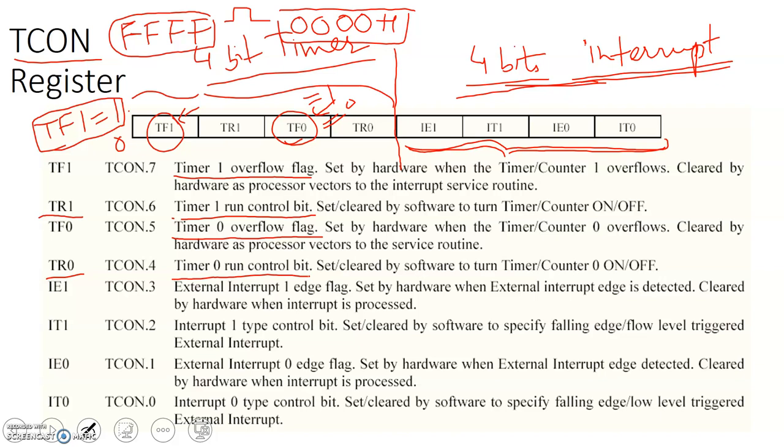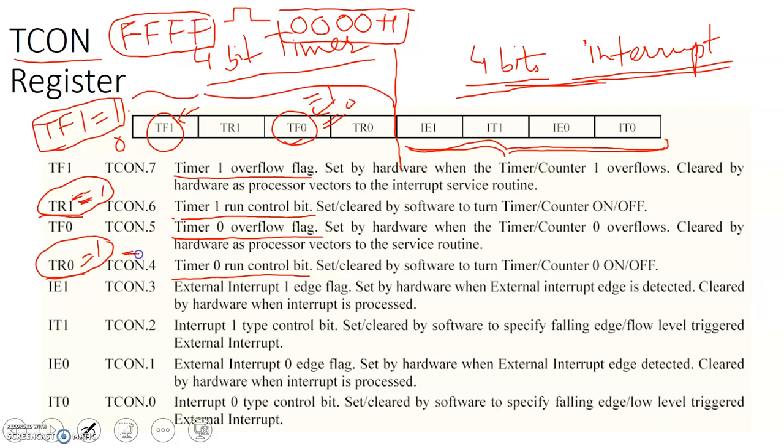So when you make the TR1 bit equal to 1, that will trigger the timer to start counting. Okay, so timer 1 starts counting when this bit is made equal to 1. Similarly, when TR0 is made equal to 1, then timer 0 starts counting.